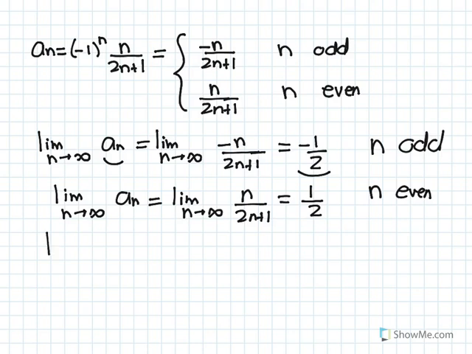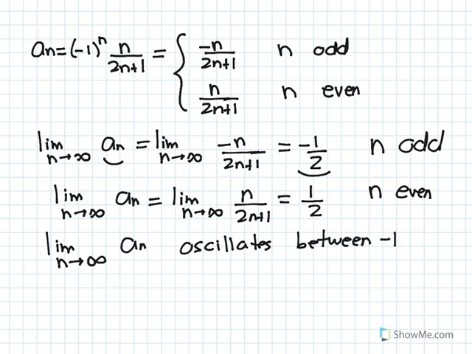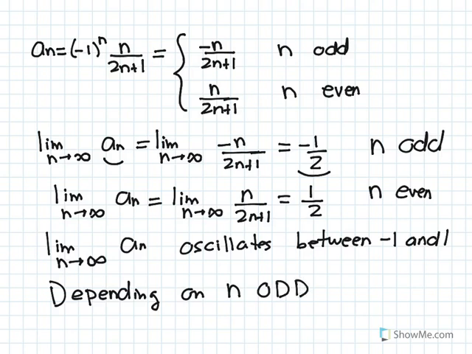So we can see that the limit as n goes to infinity of an oscillates between -1/2 and 1/2, depending on n being an odd integer or n being an even integer.